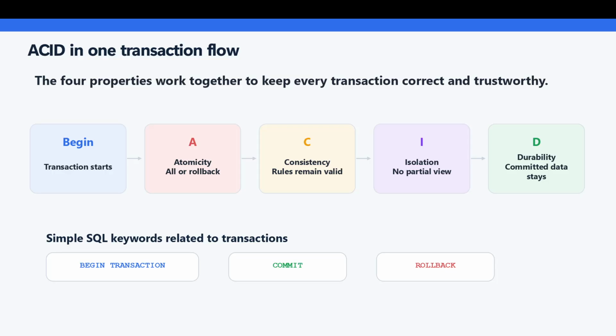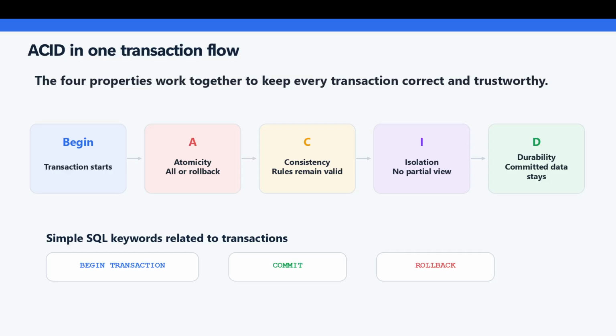Next, consistency ensures that the transaction does not violate any business rule, database constraint, or any integrity condition. Isolation ensures that other transactions do not see incomplete changes while this transaction is in progress. Finally, durability ensures that once the transaction is committed, the final result remains permanently stored.